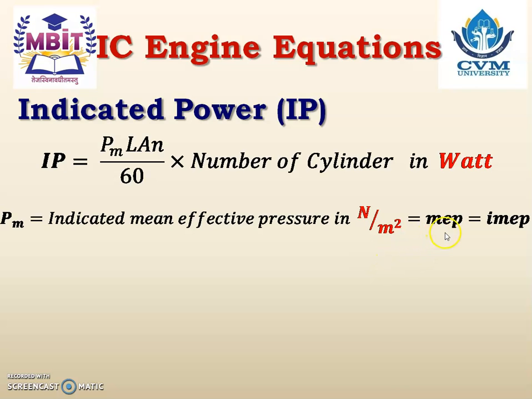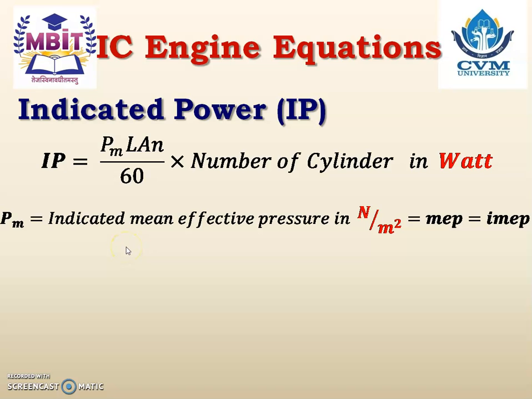So Pm can be written as MEP, or it is also written as IMEP. Here if we substitute the value of Pm in Pascal, that is Newton per meter square, we will get the IP in watt. If we substitute the value of Pm, that is indicated mean effective pressure, in kilopascal, then we may get the IP in kilowatt.